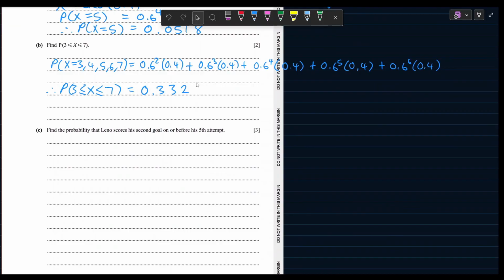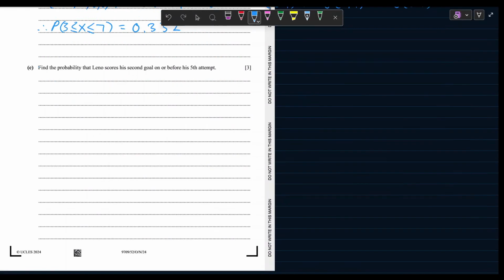Part C says find the probability that Leno scores his second goal on or before his fifth attempt. Alright, so he can either score his second goal on the second attempt, or the third attempt, or the fourth attempt, or the fifth attempt. So let's start with he scores his goal on the second attempt.